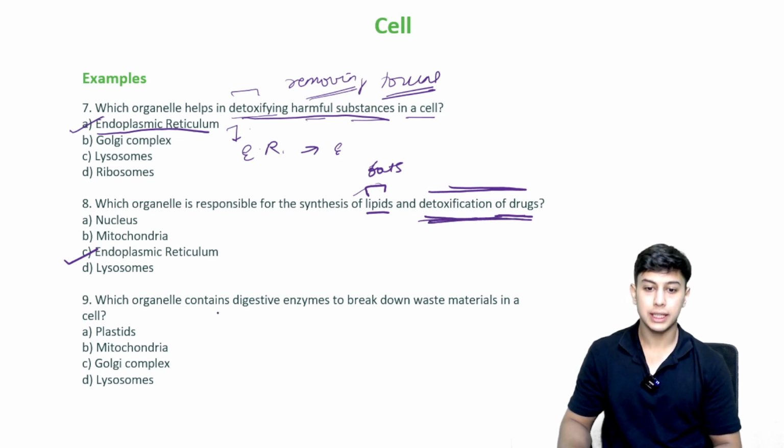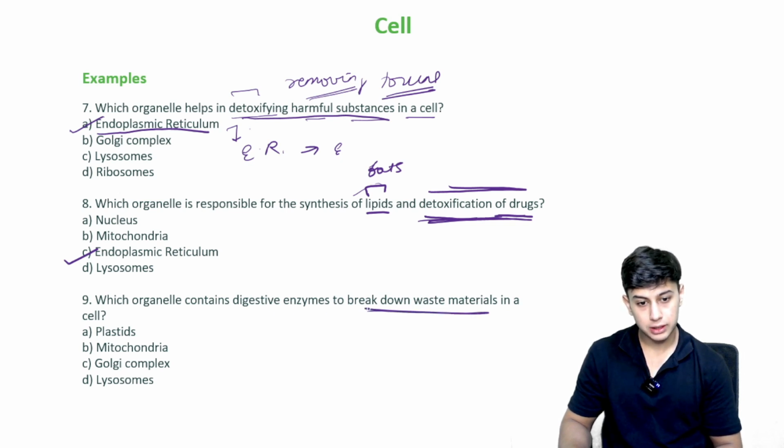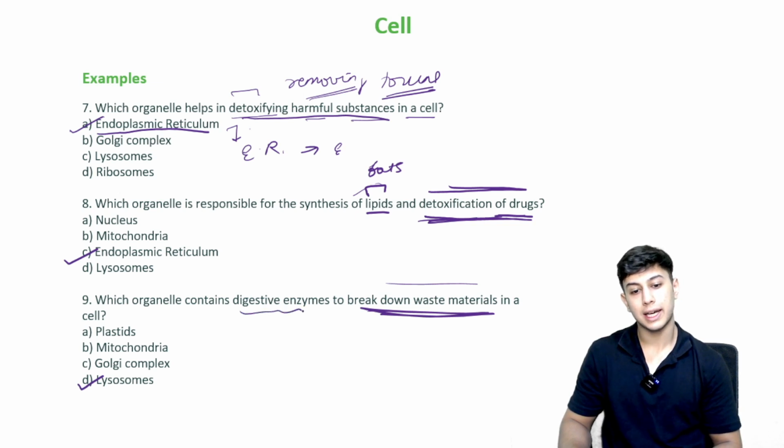Which organelle contains digestive enzymes to break down waste materials in a cell? We have to break down the waste materials. So waste disposal. What was responsible for waste disposal? Plastids, mitochondria, Golgi complex, lysosomes. The correct option is option D, lysosomes. It contains digestive enzymes.